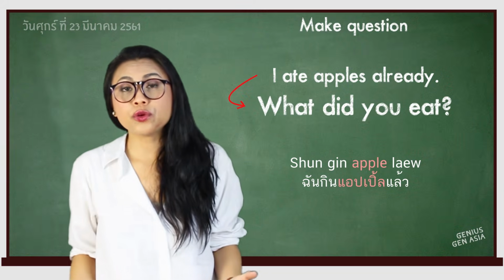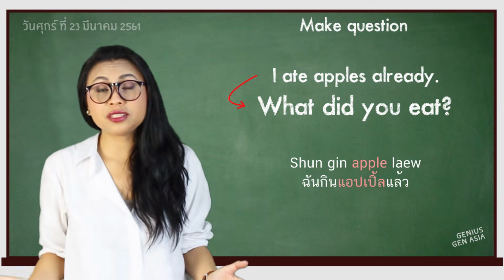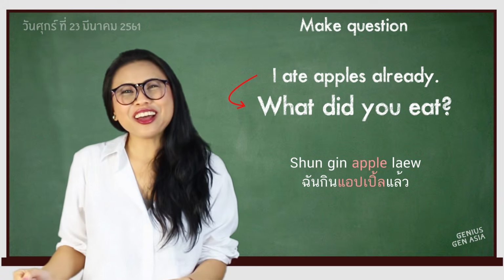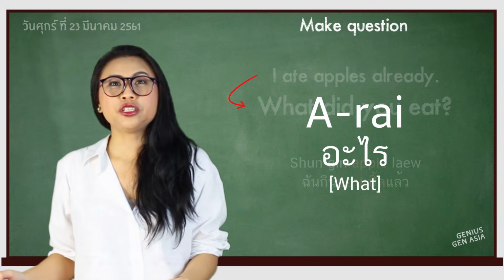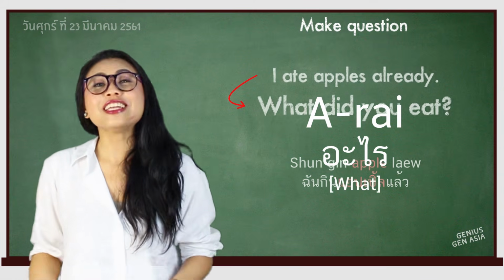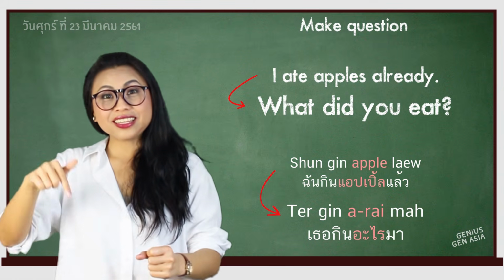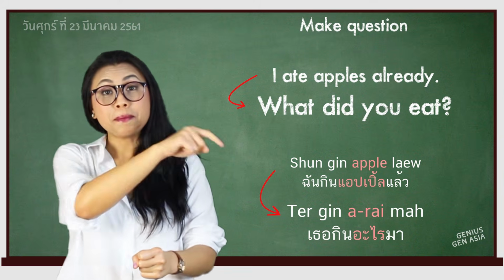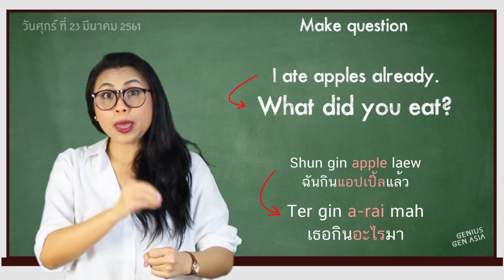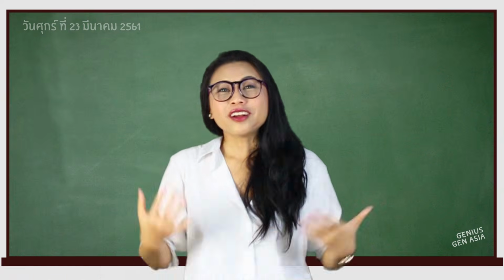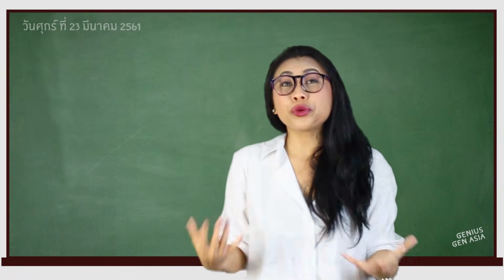But in Thai language, you don't need to restructure the sentence, you just need to add the word อะไร or what at the position that you would like to know, so it's gonna be เธอกินอะไรมา. So you just put อะไร instead of apple and that's it.